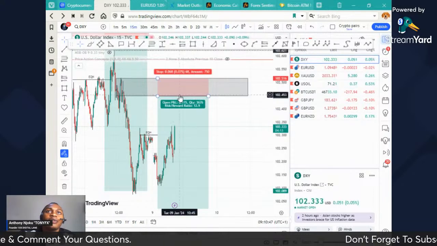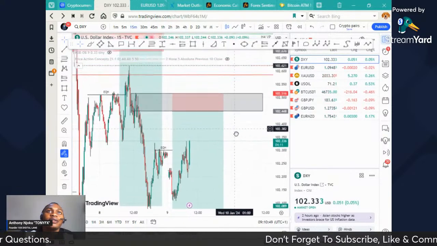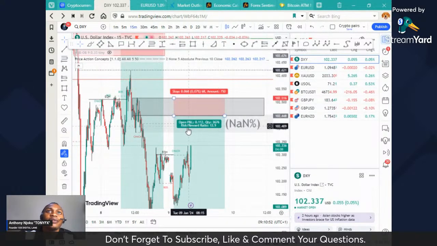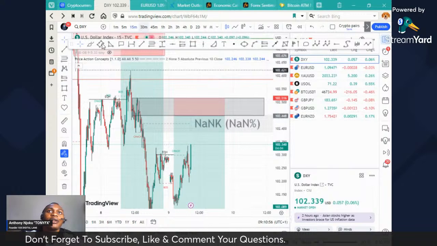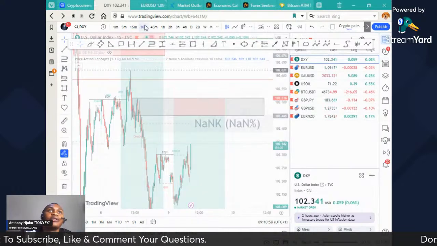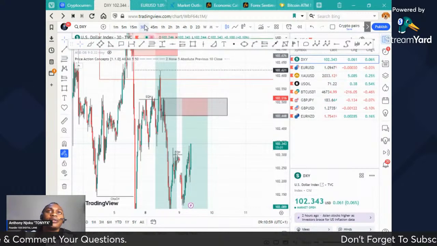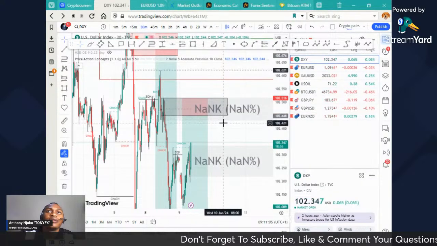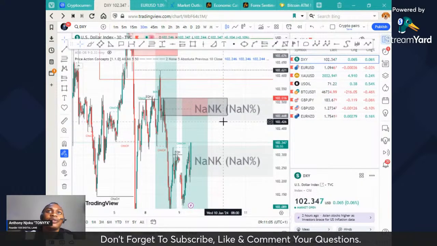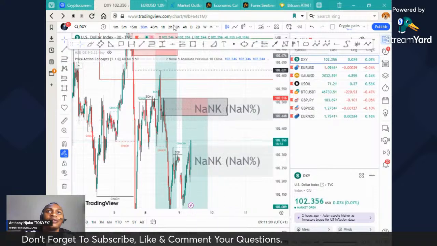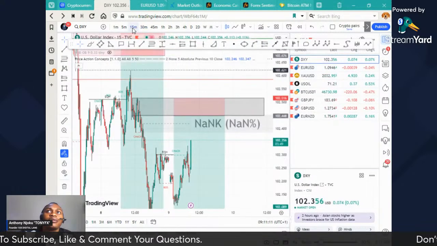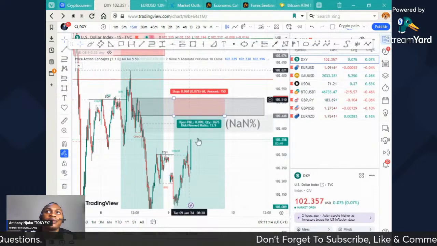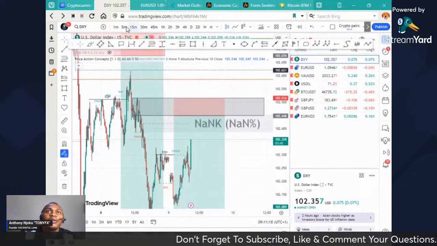DXY is going up, and I see this area of interest for DXY, and that area of interest over here. This is a 30 minutes area of interest for DXY. This is a 15 minutes area of interest.